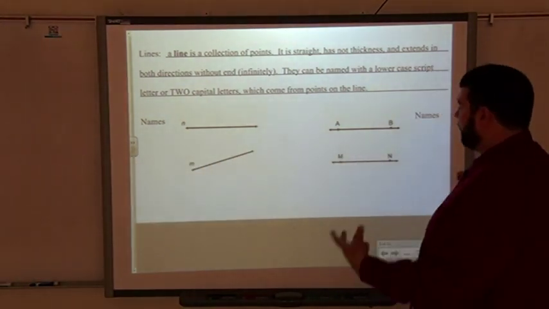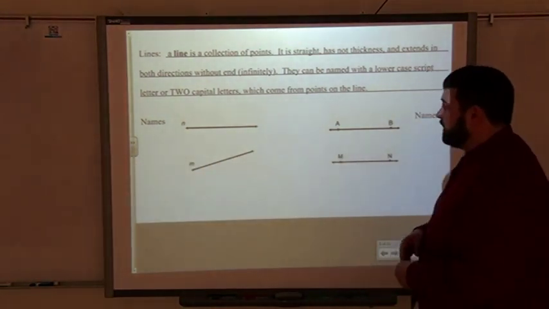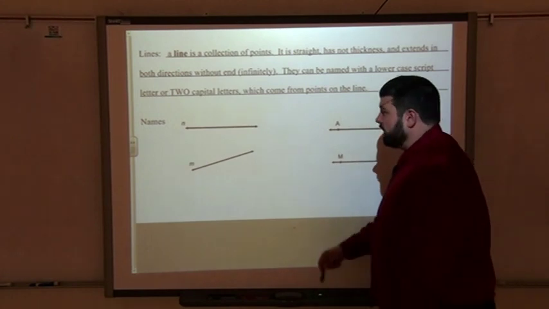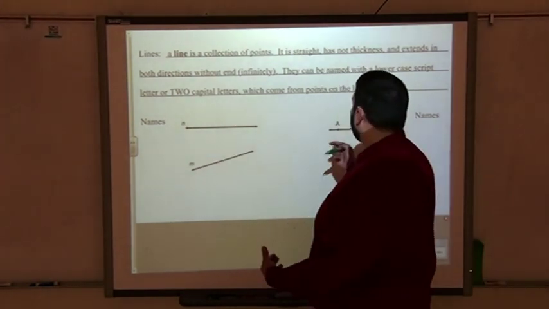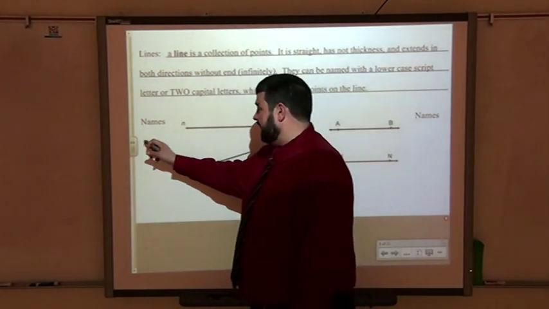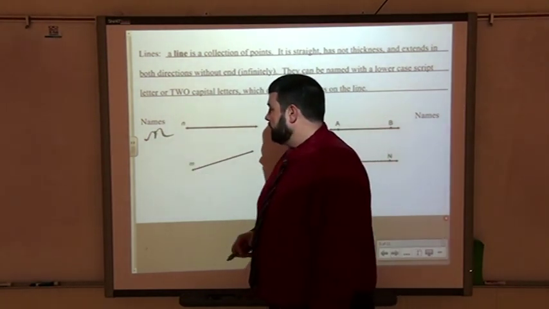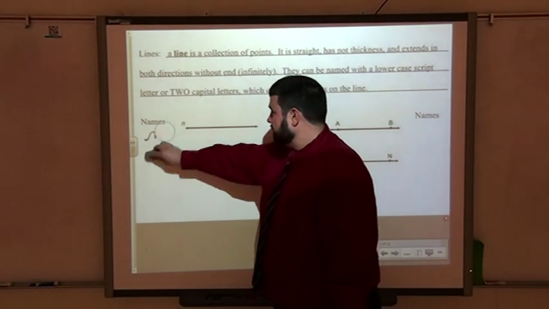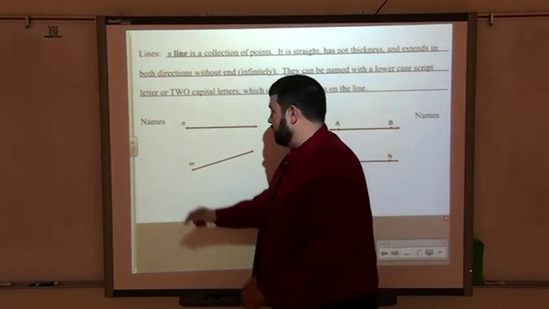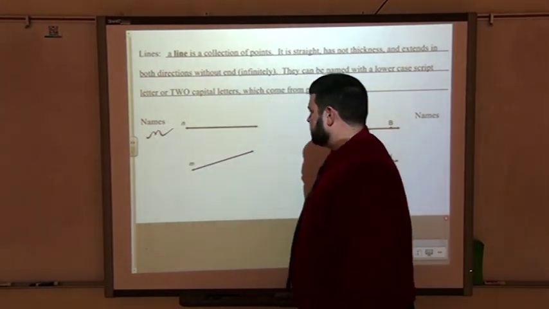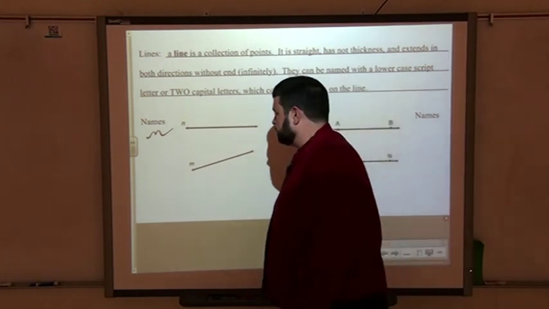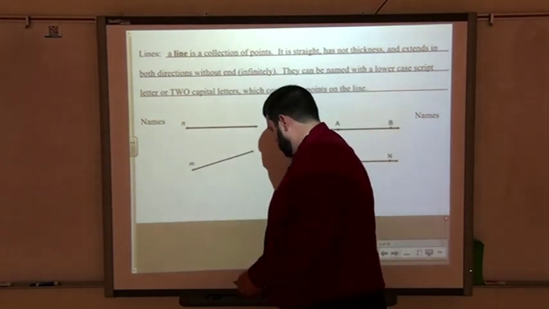So we have 2 options on how to name these. The first name would be with a script letter or a cursive letter, and we would just name that letter N. Yes, I know that looks like an M, but that should be an N in cursive. Oh my goodness, it's been so long.